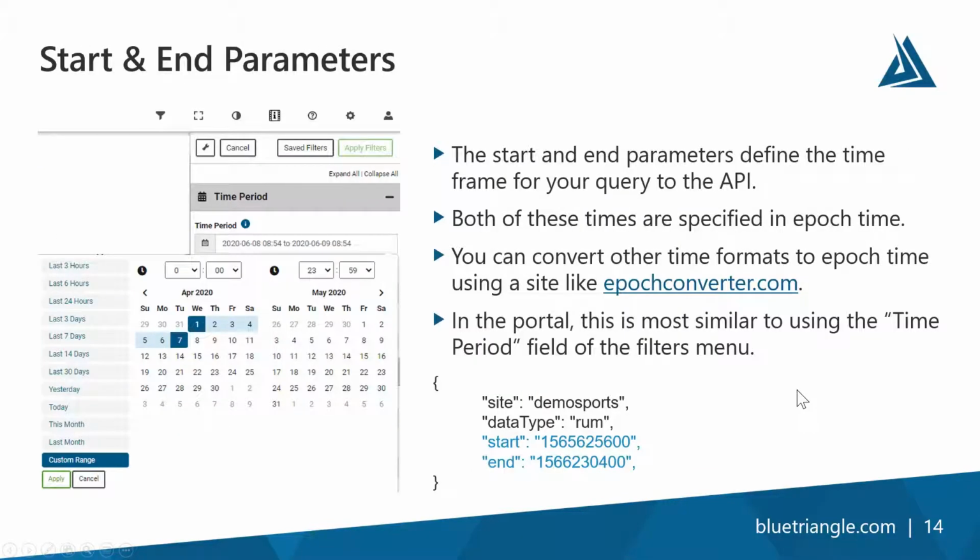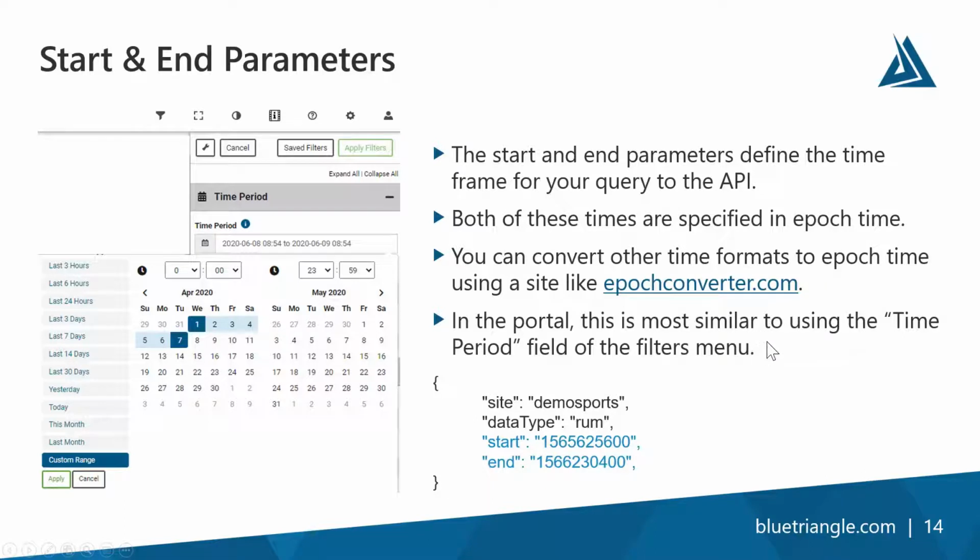All right, now the start and end parameters, and here's the view of it over here. It's basically the time period you want to look at for your request to the API. These are both specified in Epoch. One of the tools that we often use is epochconverter.com.